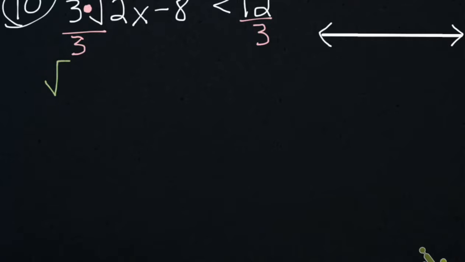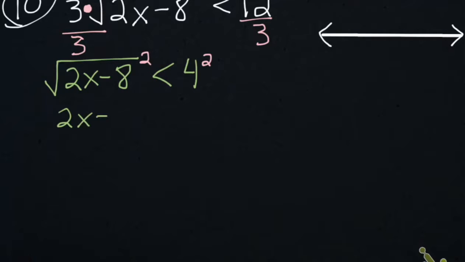On the left, I would have square root of 2x minus 8 less than 12 divided by 3, which is 4. Now, is my radical by itself? Yes, square both sides. Raise it to the power. Square and square root cancel, leaving 2x minus 8 less than 4 squared, which is 16.